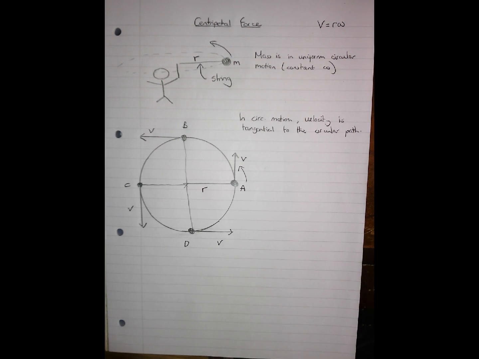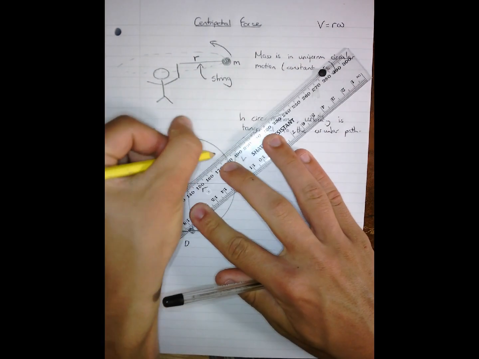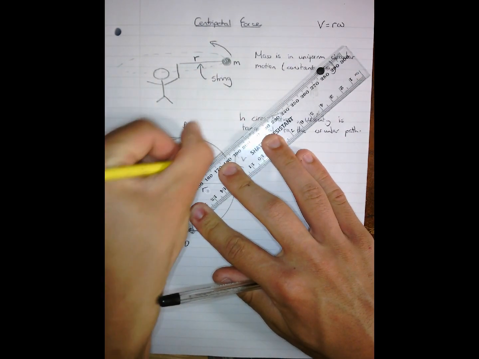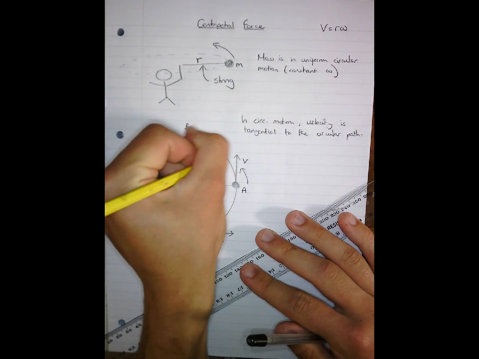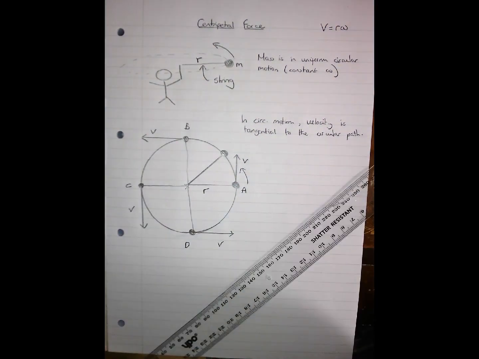Right, I want you to consider one more part of this problem. I want you to imagine that between A and B here, we've got another point, and the mass is happily going around until this point.